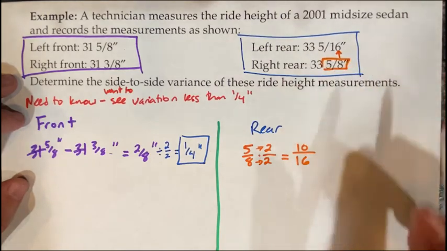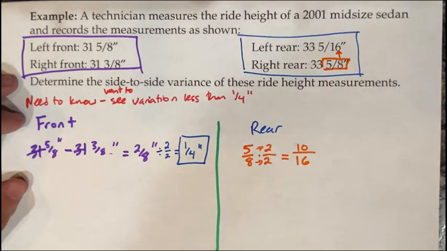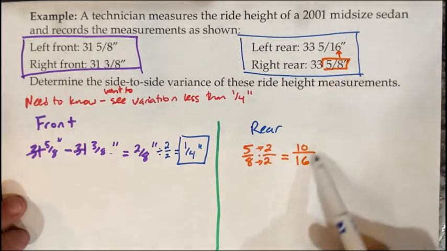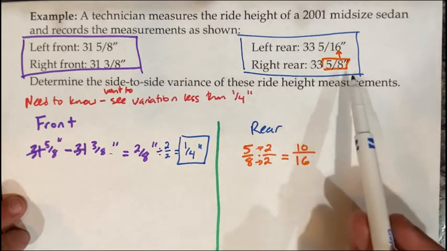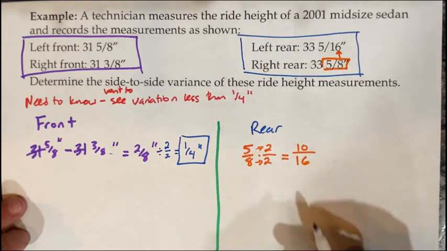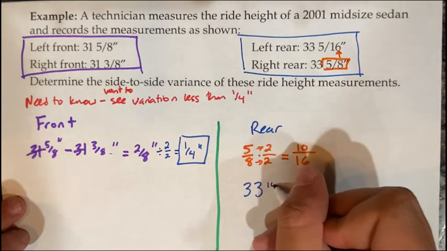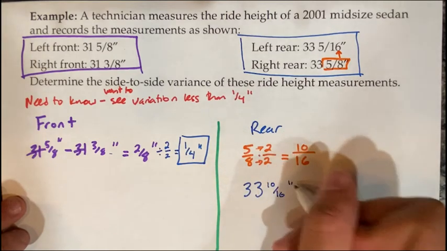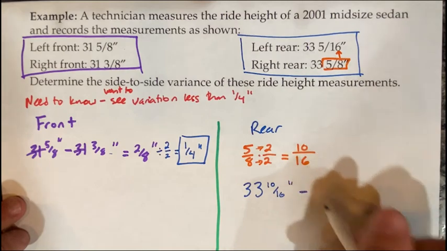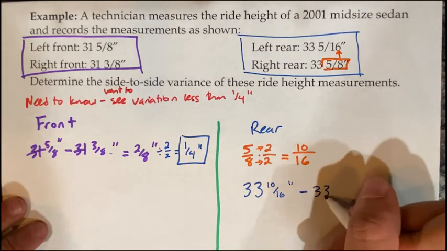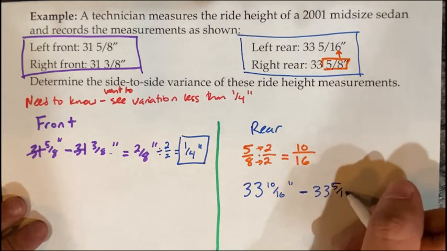Okay, so let's go ahead and put our numbers down. Remember, we want to lead with our larger number. So even though the right is our second value, let's put the 10/16 first. So we say 33 10/16 of an inch minus 33 5/16 of an inch.